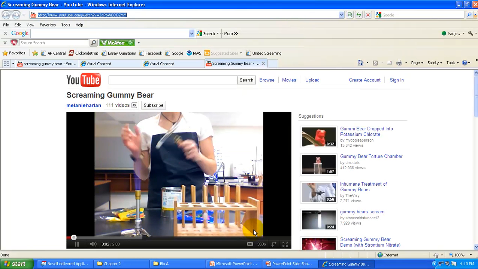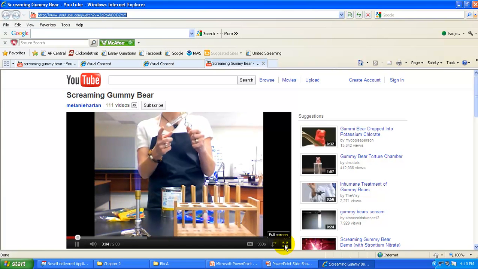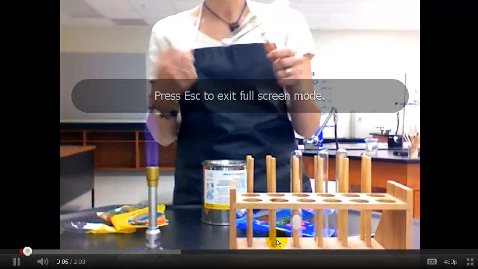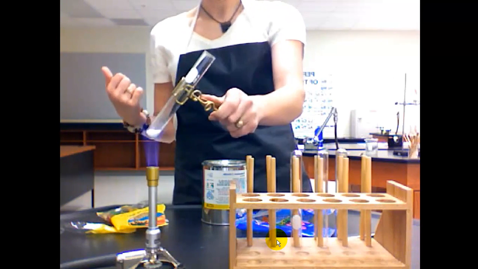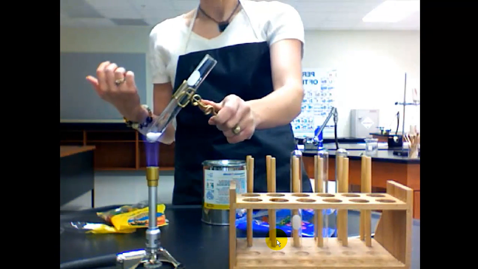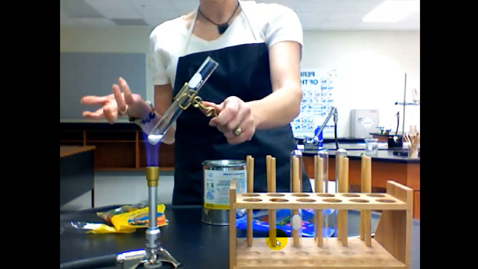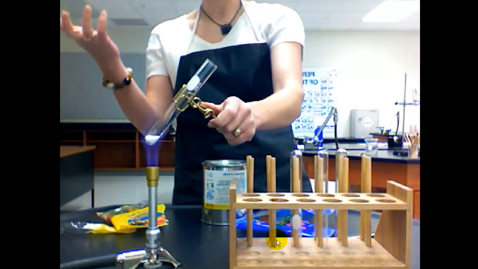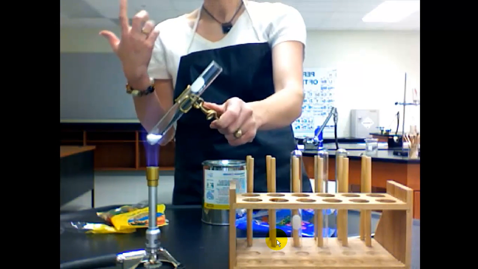Alright, so this next reaction is the decomposition of potassium chlorate, which I've already put in our test tube. And all I'm going to do is heat the test tube to the point that the potassium chlorate melts, liquefies. And as the potassium chlorate melts, it will start to give off some of those extra oxygens from the chlorate polyatomic ion.